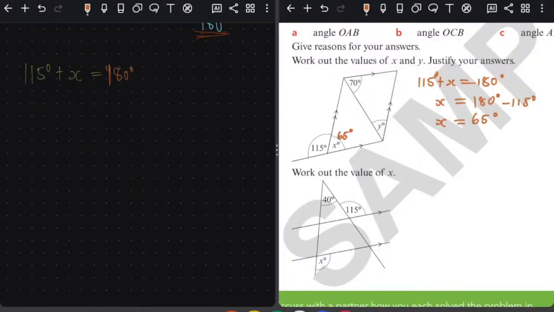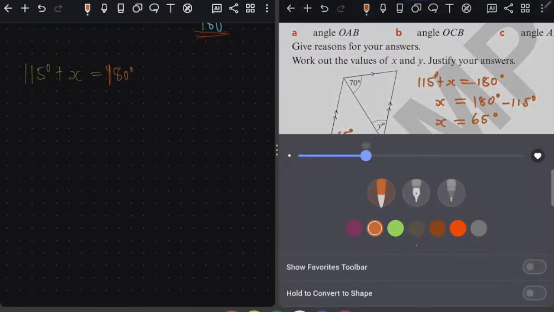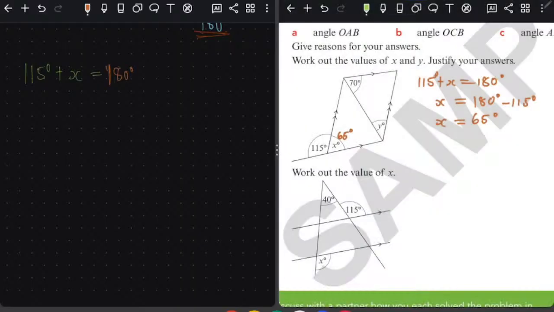What can you find with it? Here's what you do. You see you have your parallel line here where it is. Then this one is joining. Here's another parallel line.